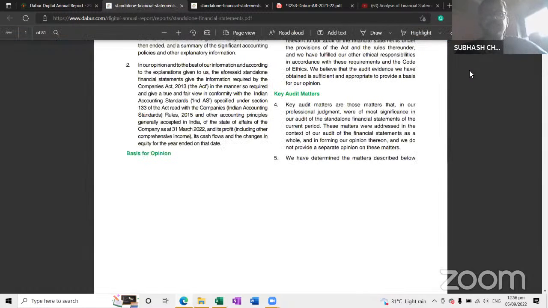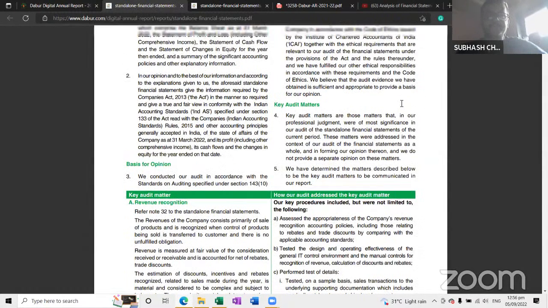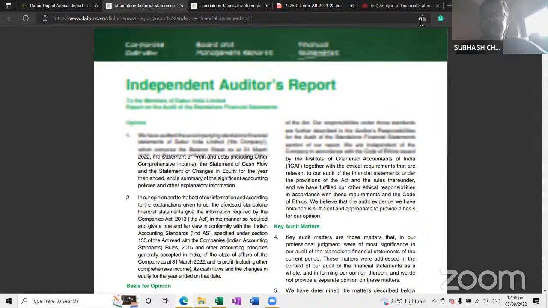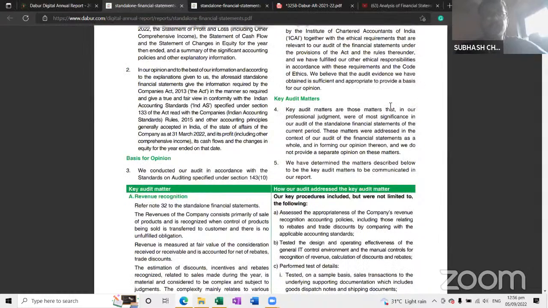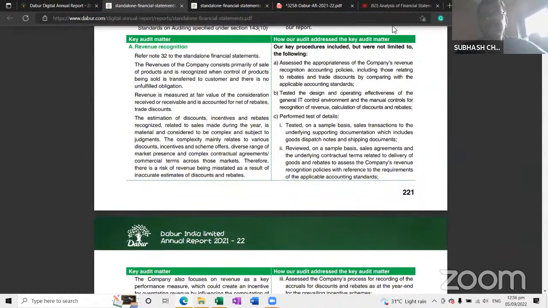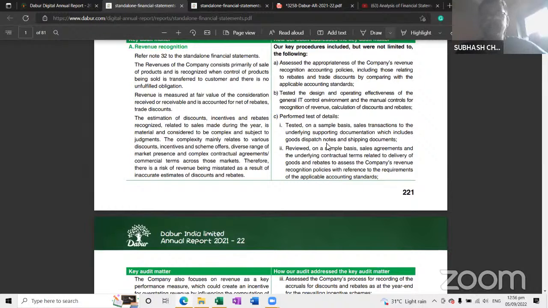Let's say current ratio: you find the current ratio of Dabur for the year 21-22. That will be the practical use of this session. Otherwise, if you fail to do this, then this 50 minutes or 1 hour has no use.